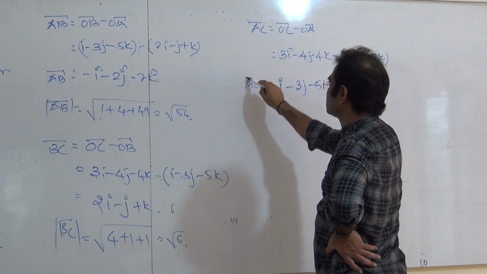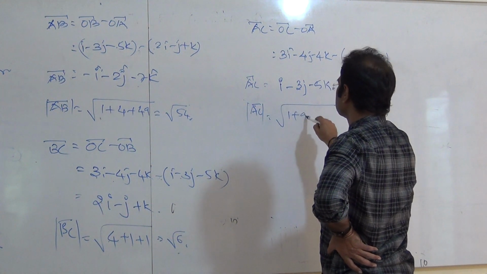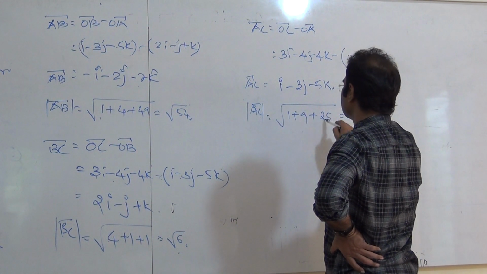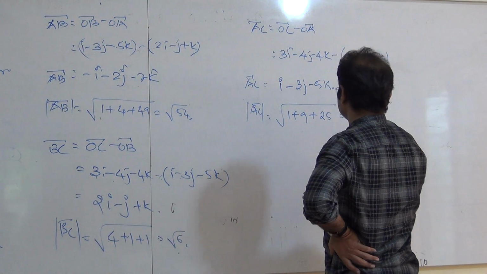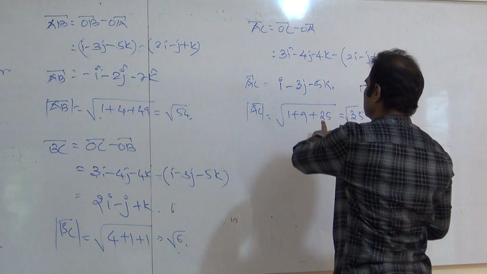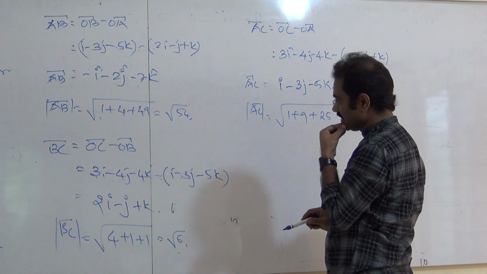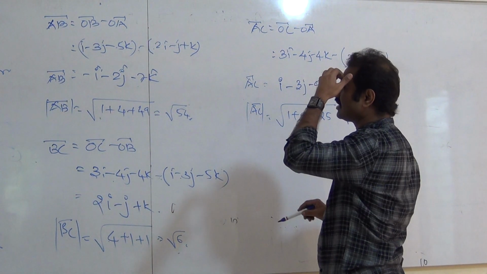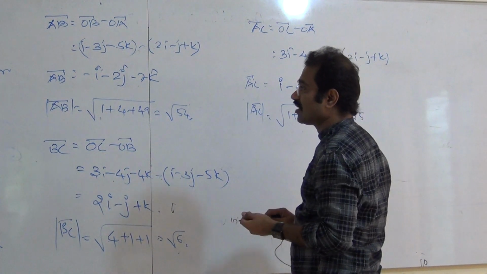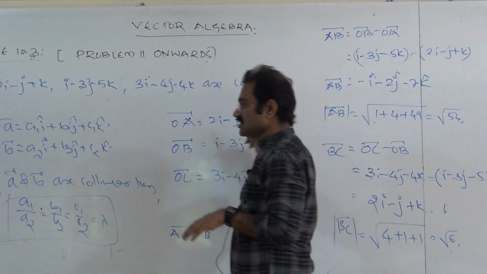That is your AC, or magnitude of AC I calculate: square root of 1 plus 9 plus 25. The answer is root of 35. Here it is 54, here it is 4 plus 1 plus 6, 35 plus 6. Once again let me check whether all the calculations are correct or not. 2i minus j, first the questions from your book.